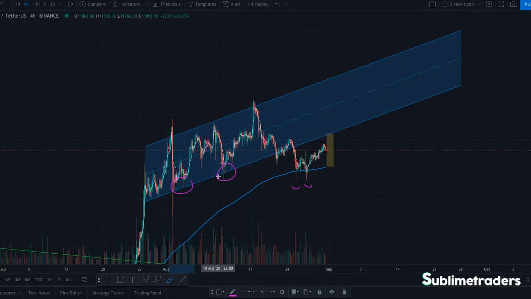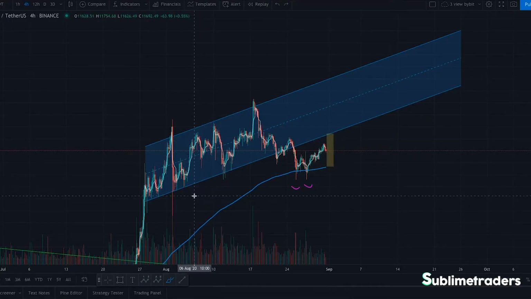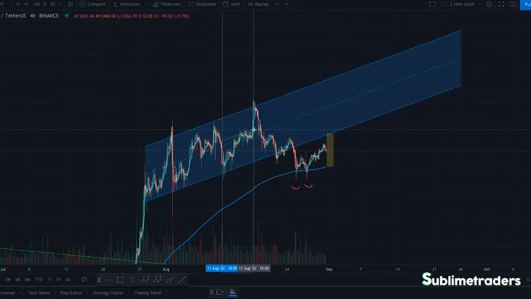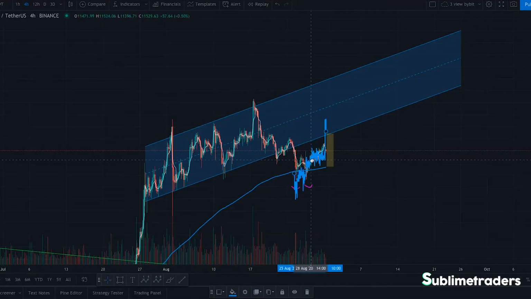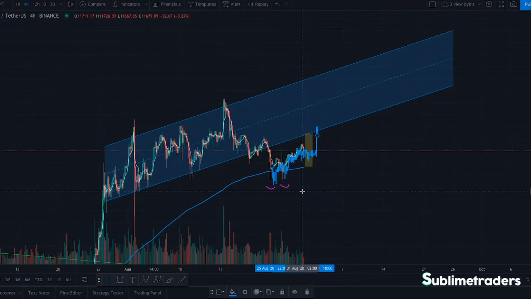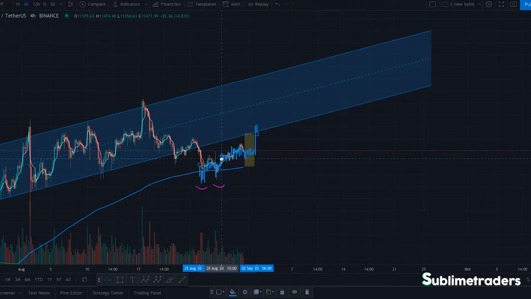So let's take a look at this pattern. Let's use the ghost feed tool and let's try to plot it right here and see how it looks if we overlay them.